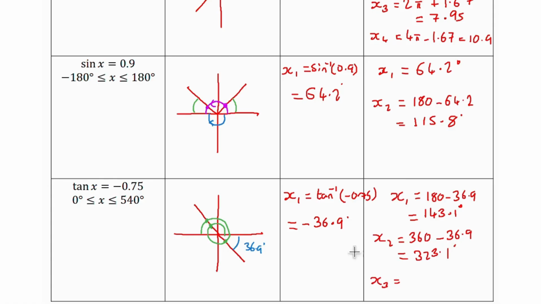And finally, the third one is going all the way to the 540 and taking away the 36.9, which gives me 503.1 degrees. On to the next question.